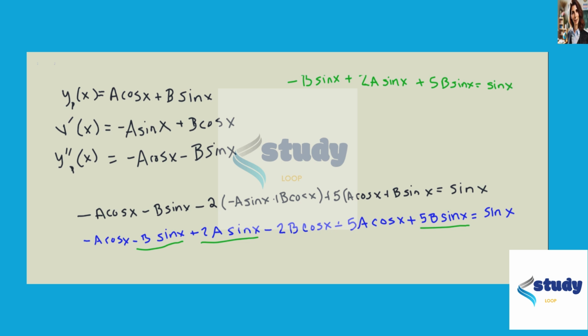So negative 1b of sine of x plus 5b of sine of x, I get 2a sine of x plus 4b sine of x equals sine of x.